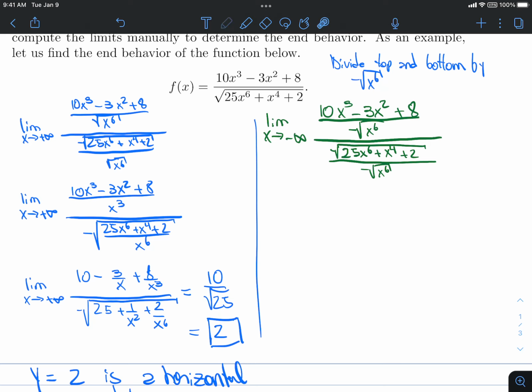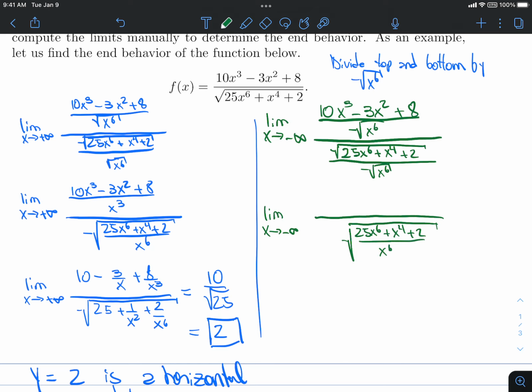I'll put one root for both: 25x to the 6th plus x to the 4th plus 2, all that divided by x to the 6th.